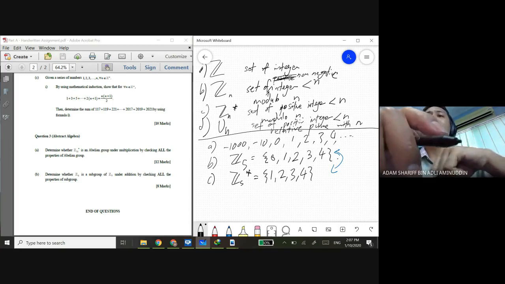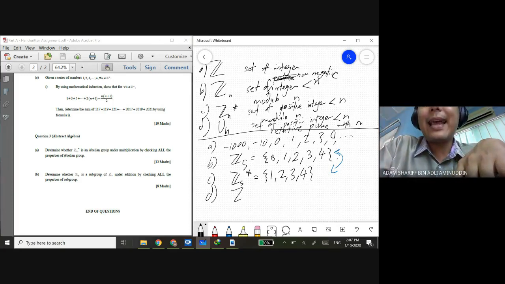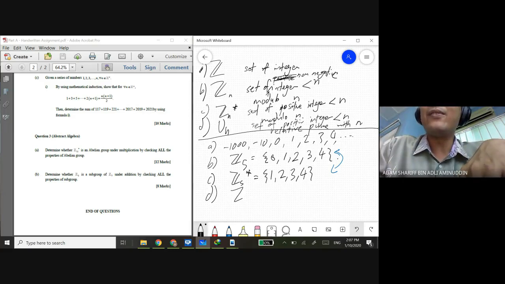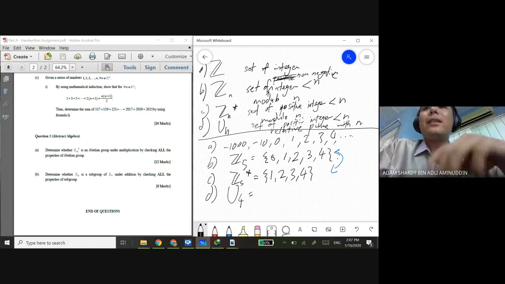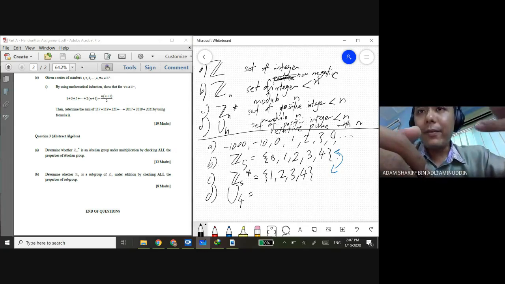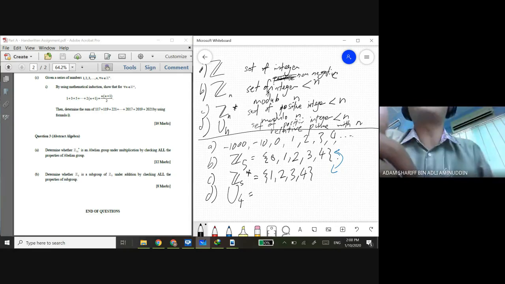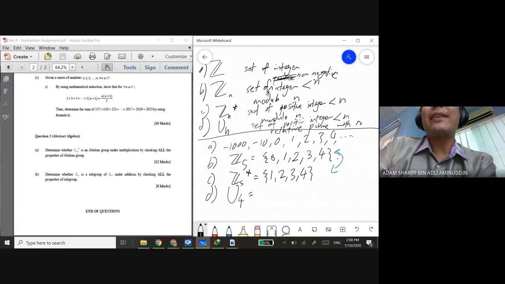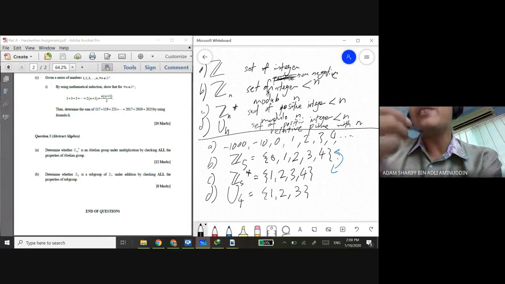Therefore for D, let's say I take U4. In my mind, it must be positive and less than 4. The problem is relatively prime. Instead of listing down 1, 2, 3, actually it's not 1, 2, 3.